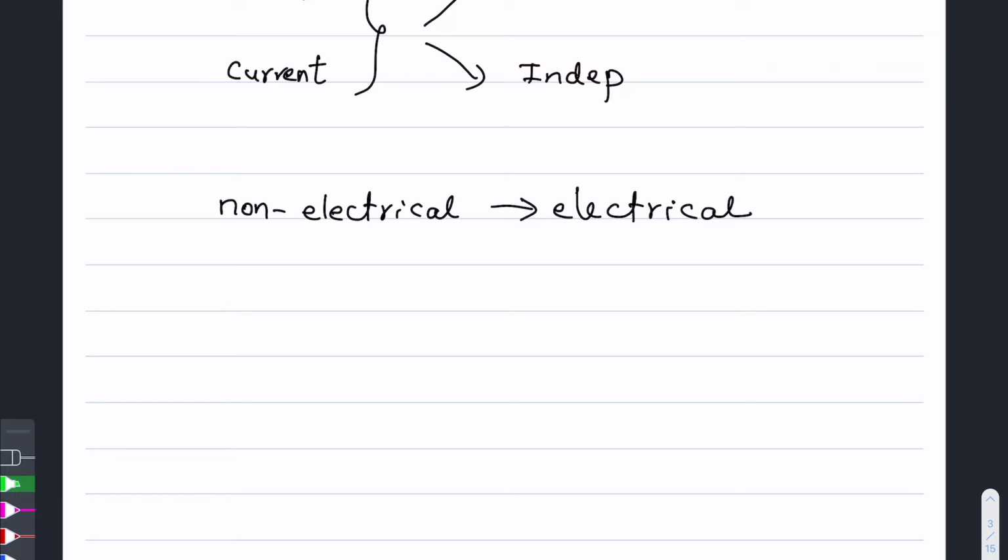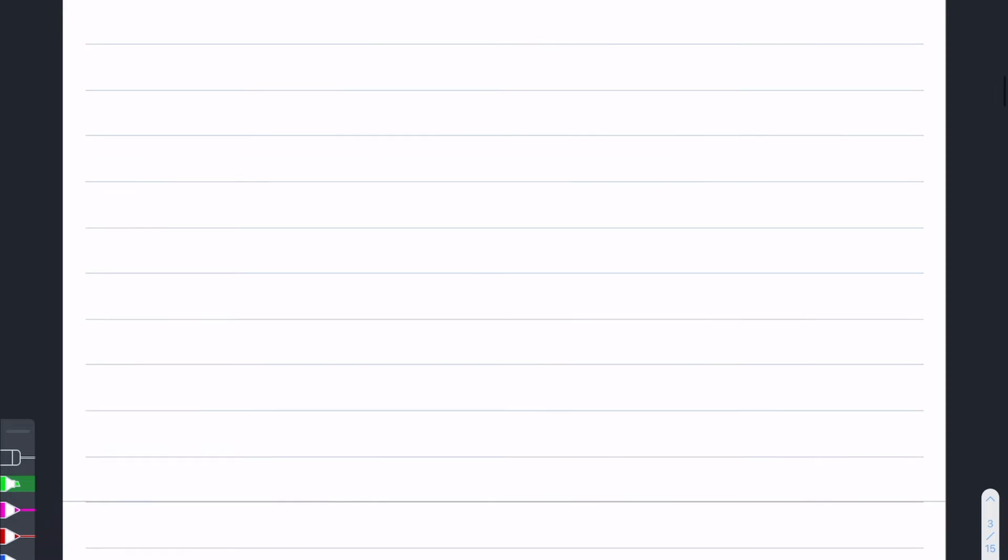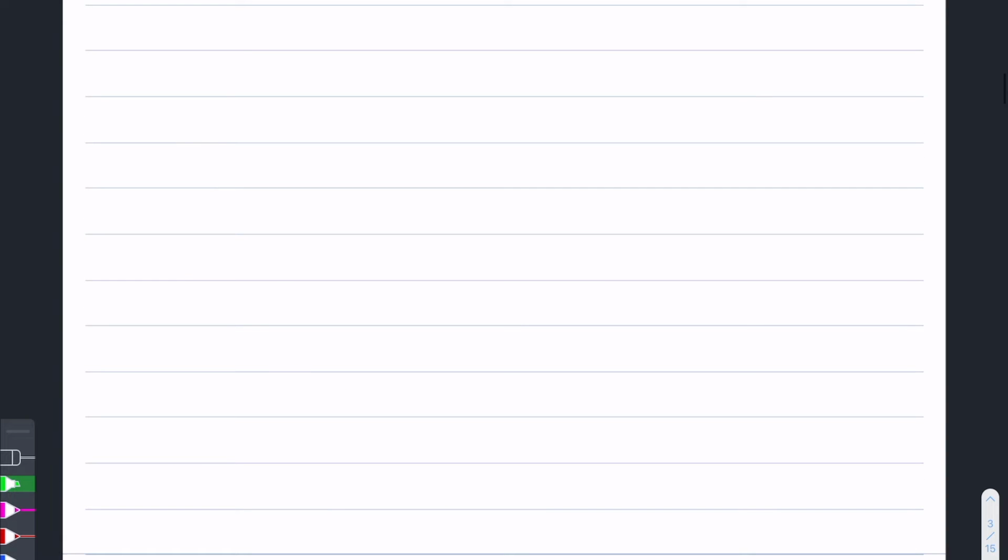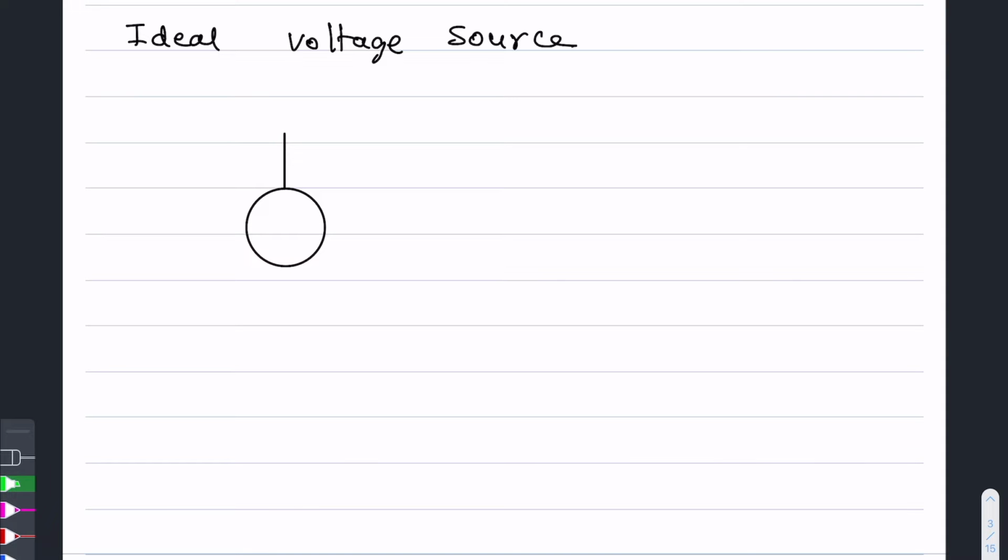So that's about current and voltage sources in general. Let me quickly give you the symbols for voltage and current sources here. Let me start off with the symbol for the ideal voltage source that we will be using throughout this course.